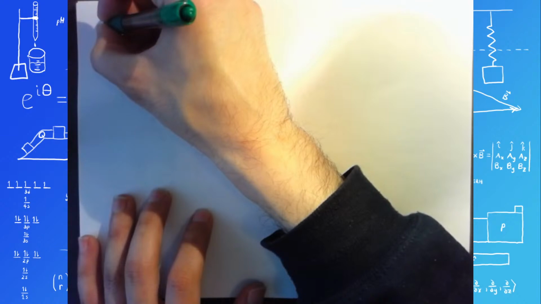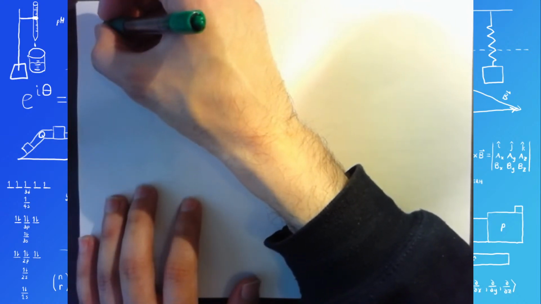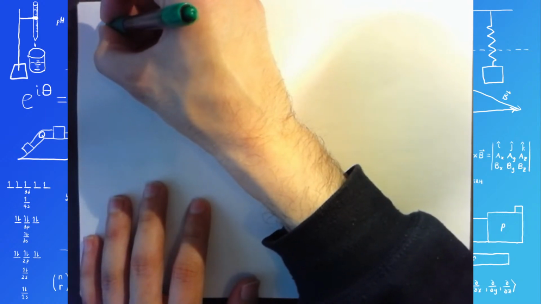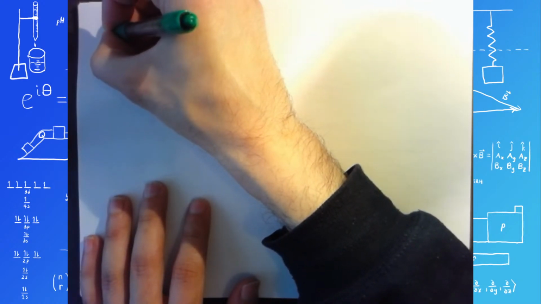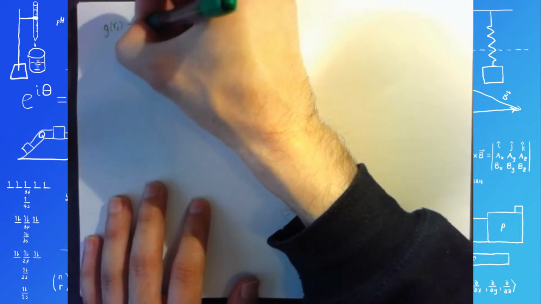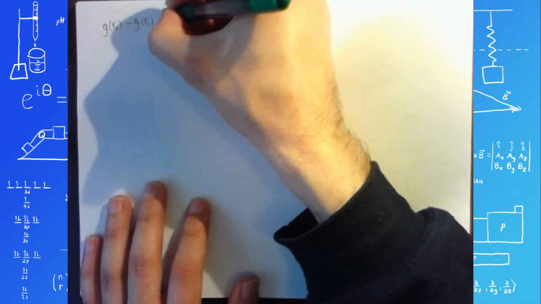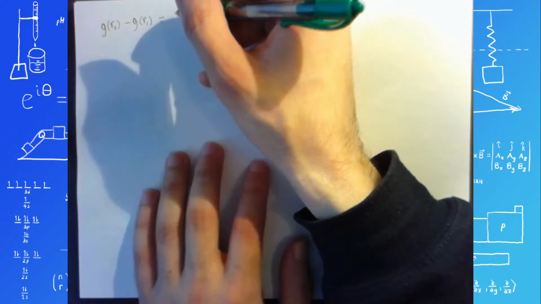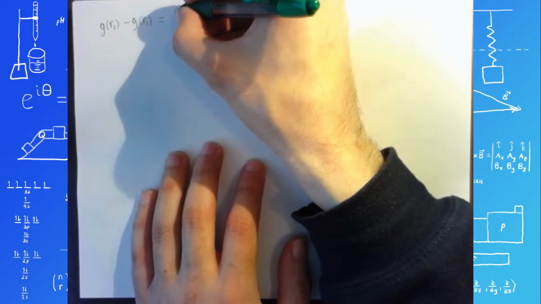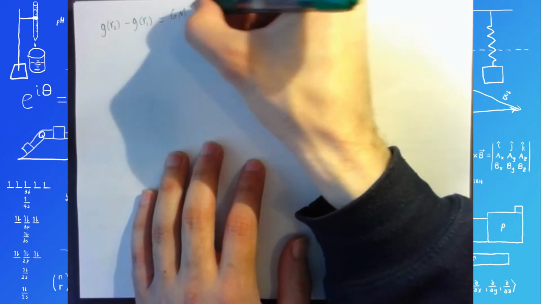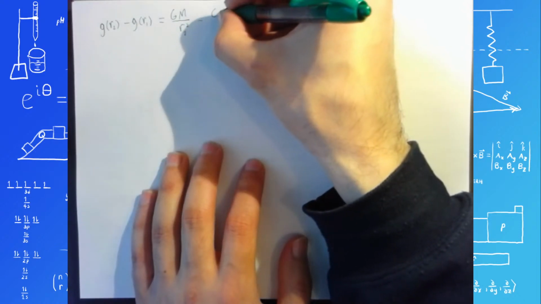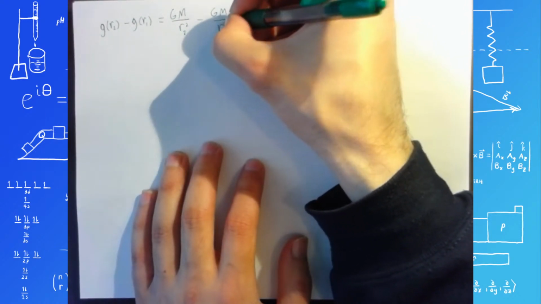So I'm going to derive a general formula for the difference in acceleration due to gravity between 2 points. I'm going to say g of R2 minus g of R1 equals, let's see, it's going to be big G m over R2 squared minus big G m over R1 squared.